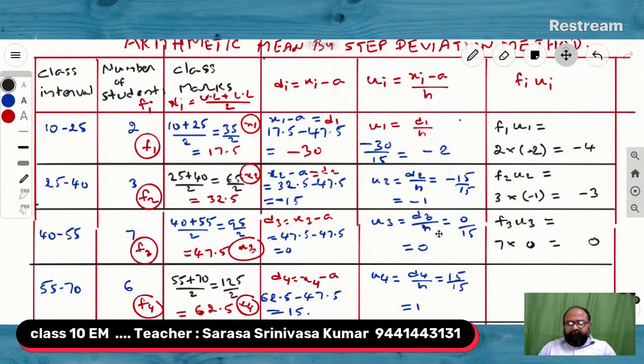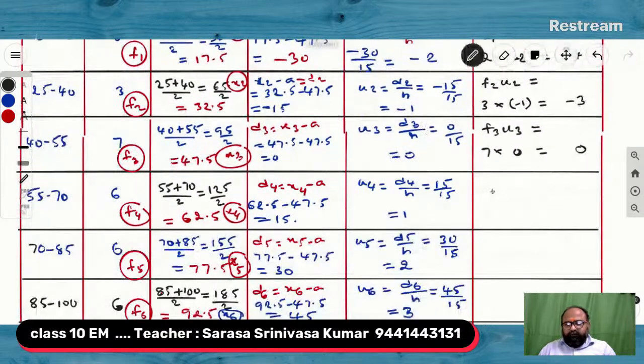Next, F4 U4. F4 is 6 and U4 is 1, so 6 multiplied by 1 equal to 6.